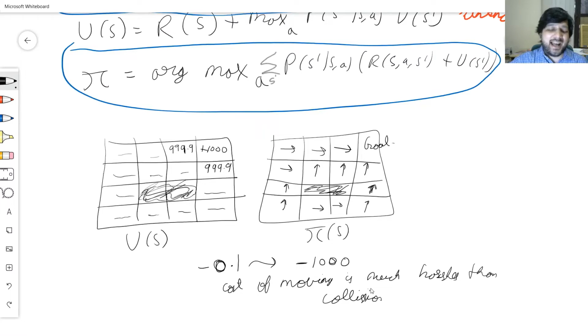On the other hand, if you make this minus 0.1 as, let us say, nearly 0, so it approximately becomes equal to 0, now it absolutely doesn't matter how many steps you really want to take, and therefore what you do is, instead of doing anything, you just avoid a collision at any point of time.